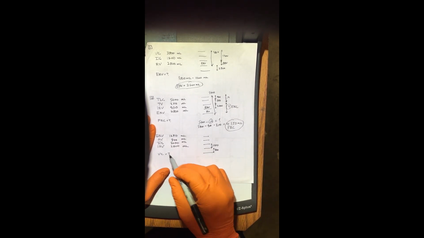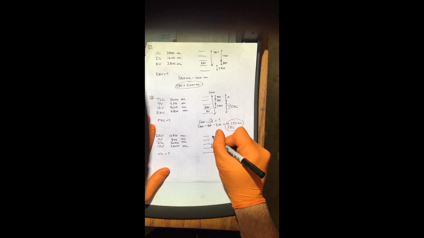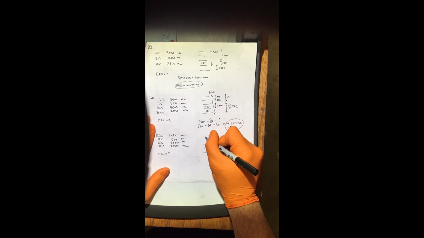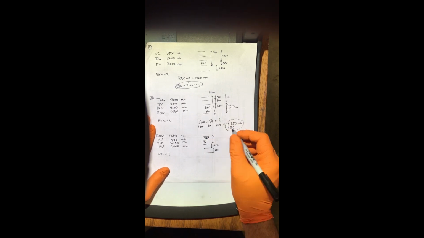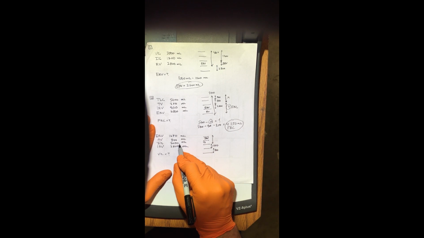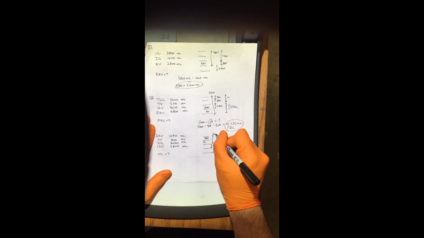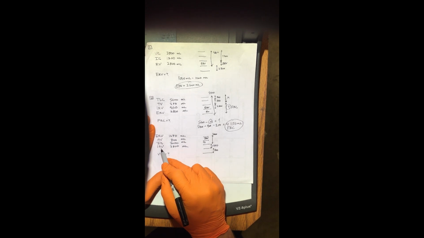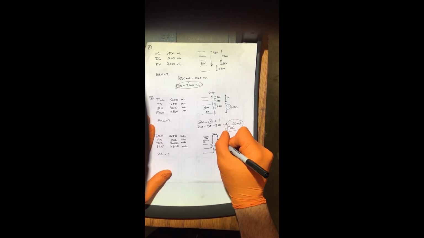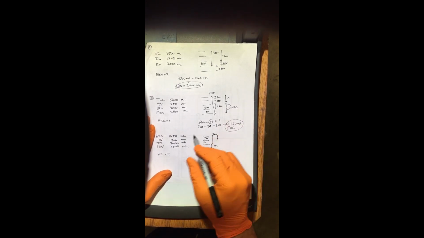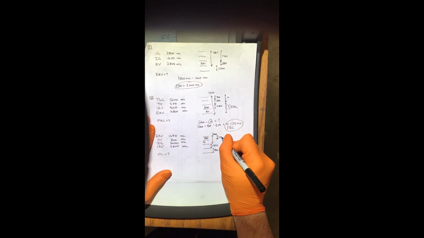Our inspiratory capacity is all of this. So it's actually the IRV, inspiratory reserve volume, plus the tidal volume. This is, as we see here, inspiratory capacity, 3,000. And then our inspiratory reserve volume, so that's just this region, that is 2,800.